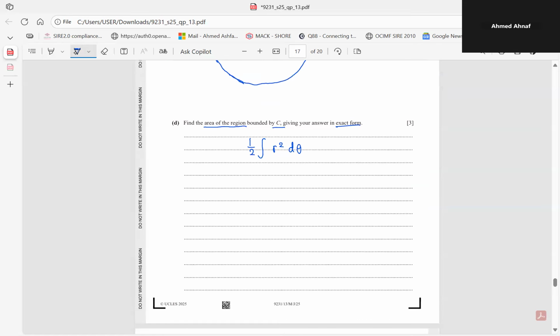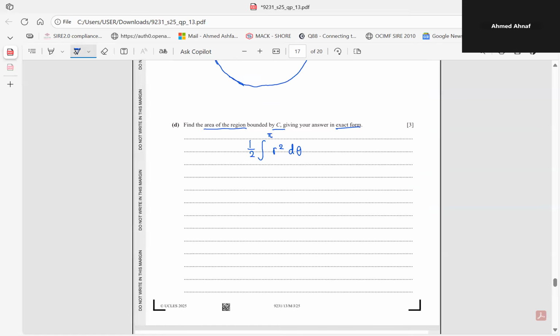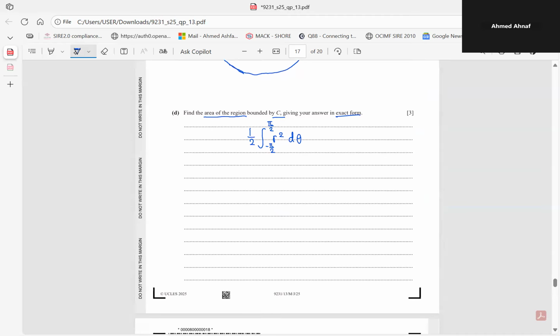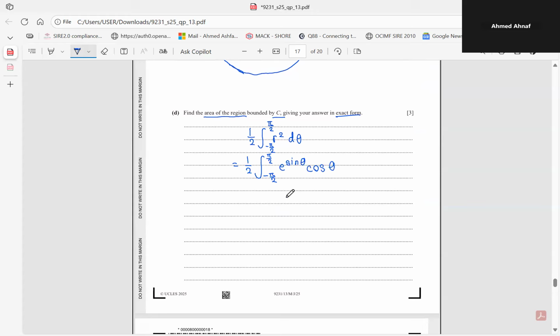In this case, it's π/2 to negative π/2. First of all, let's plug in our integral. So r squared is just e^(sin θ) sin θ cos θ dθ.